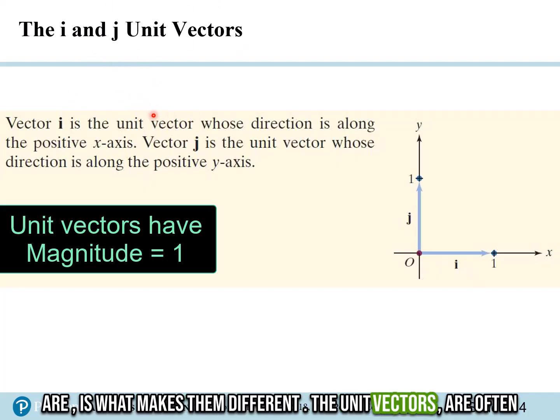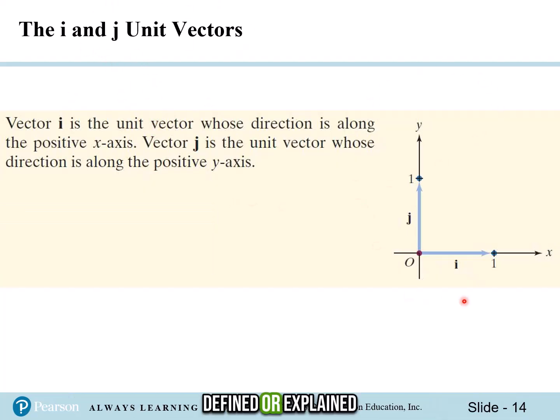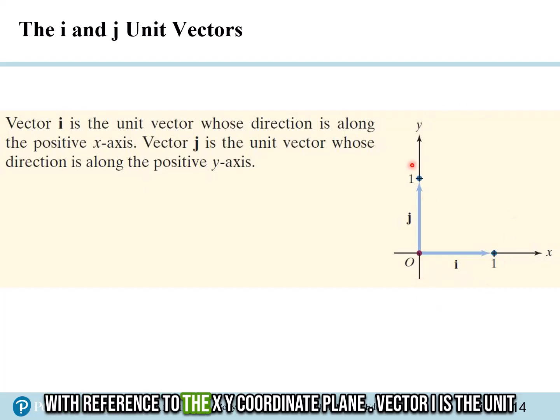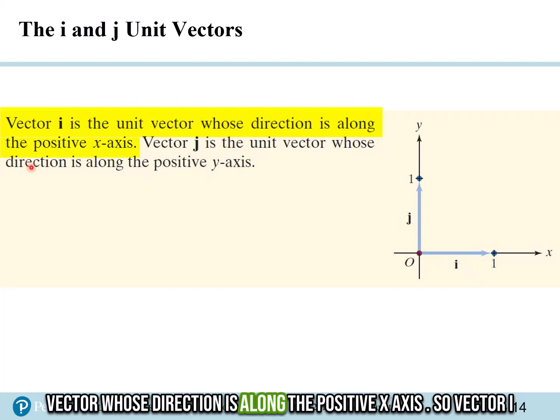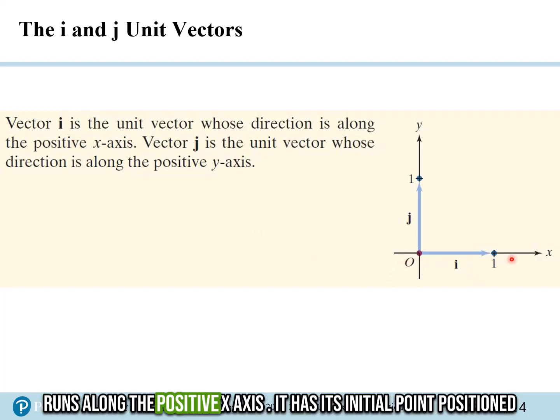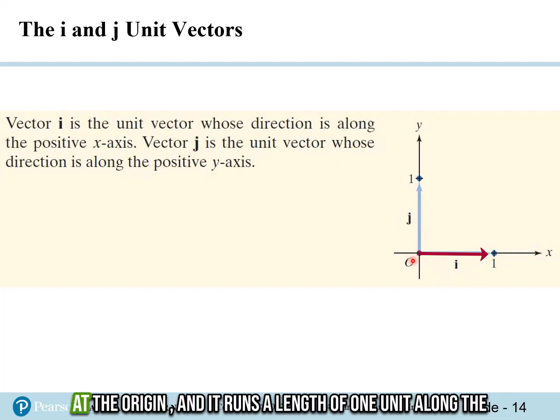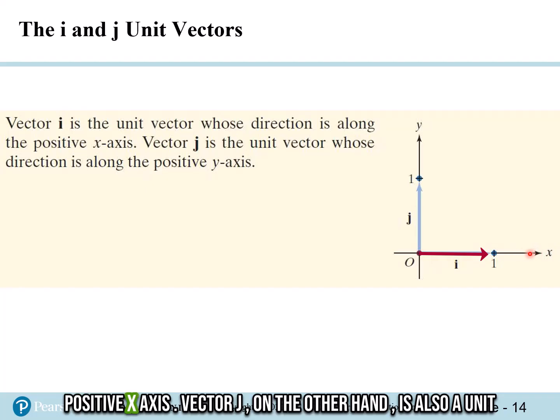The unit vectors are often defined or explained with reference to the xy coordinate plane. Vector i is the unit vector whose direction is along the positive x-axis. So vector i runs along the positive x-axis. It has its initial point positioned at the origin, and it runs a length of 1 unit along the positive x-axis.